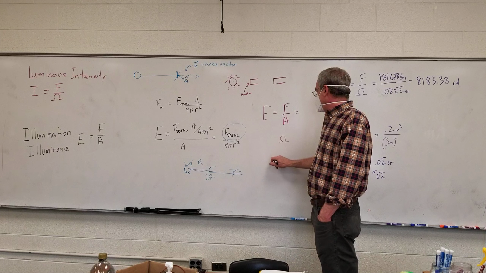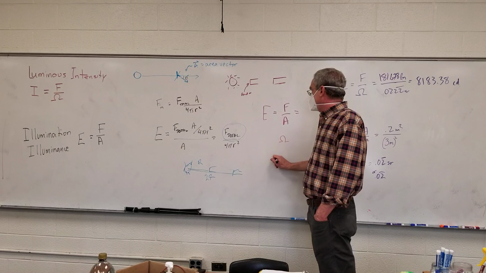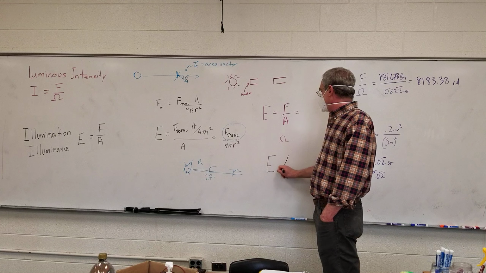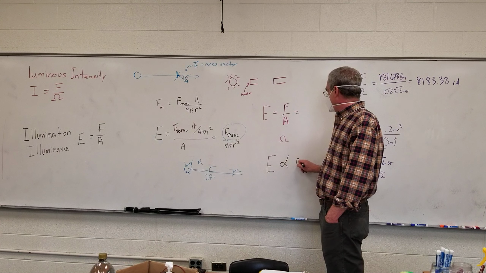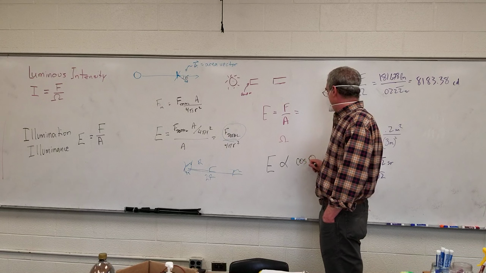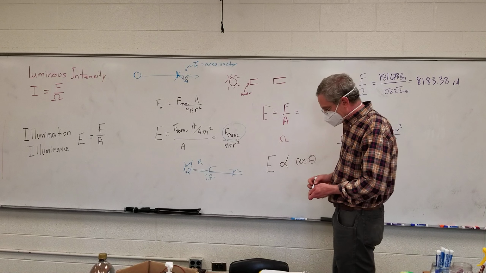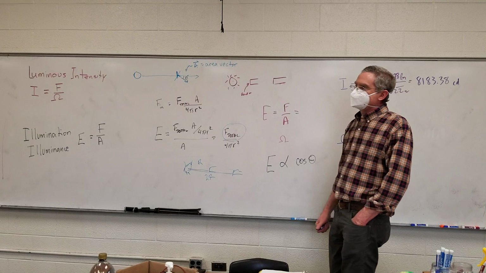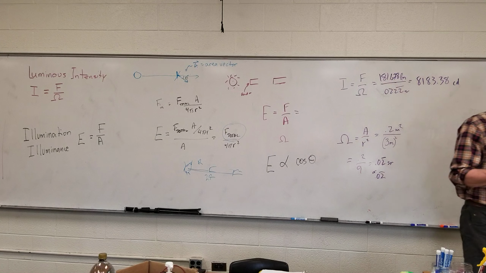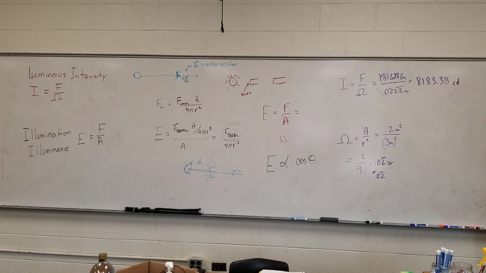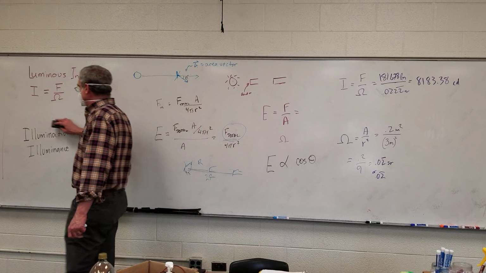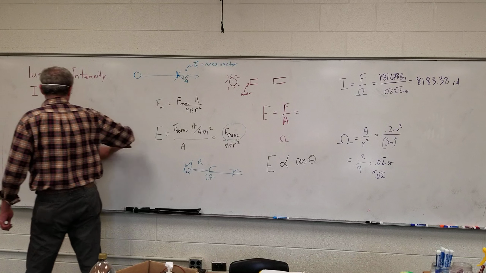And so what I would expect to see is that the luminous intensity is proportional to the cosine of the angle. Now this is a trickier one to actually perform in the lab, because you've got to pick the right pivot point.